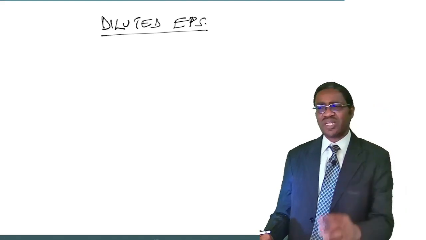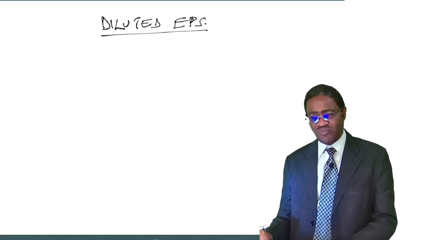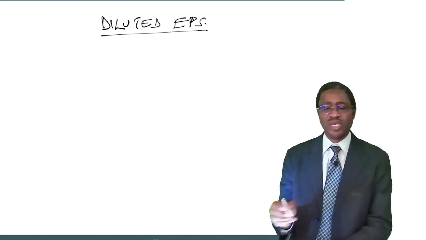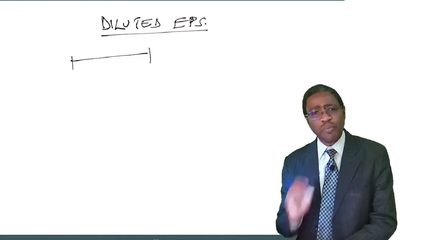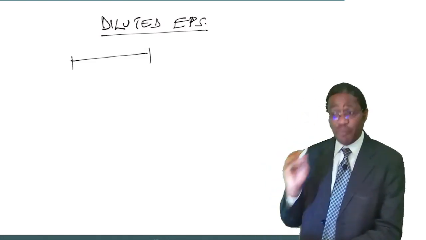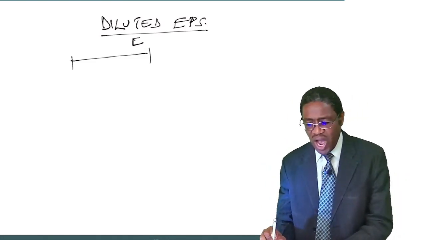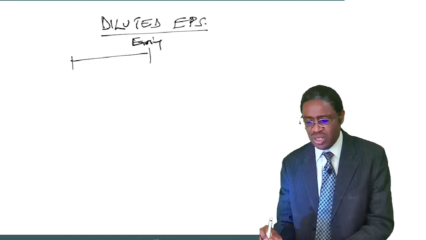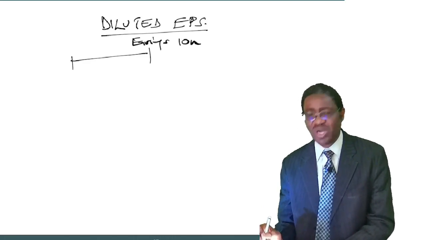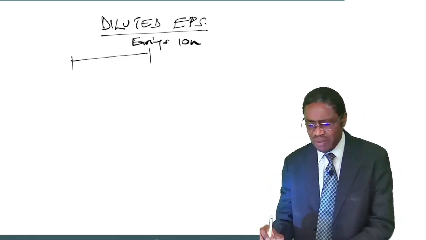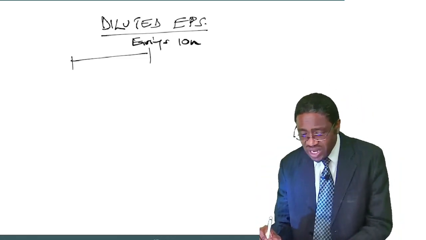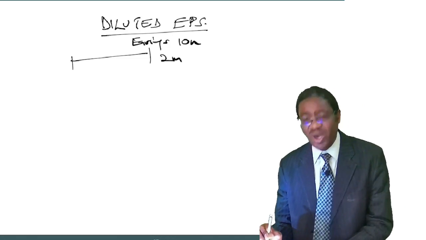We listed the potential ordinary shares by the end of the year and how to use them to compute the earnings per share. For example, suppose by the end of the year the earnings of your company were 10 million, and the weighted average number of shares by the end of the year were 2 million.